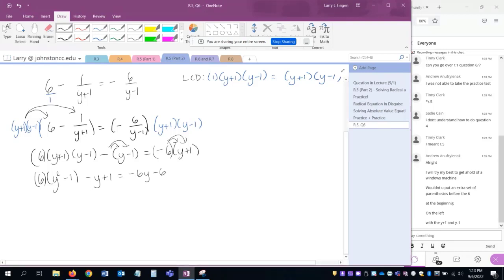When I put the 6 right beside the parenthesis y plus 1, that means multiply the 6 times the whole parenthesis, or everything inside the parenthesis y plus 1. Now, the next step, distribute that 6.